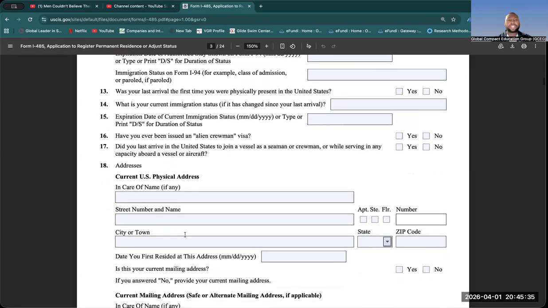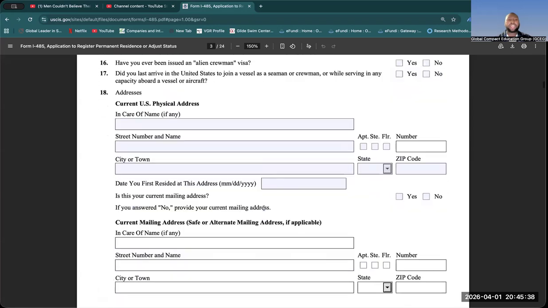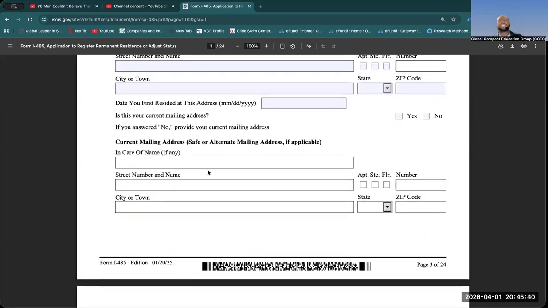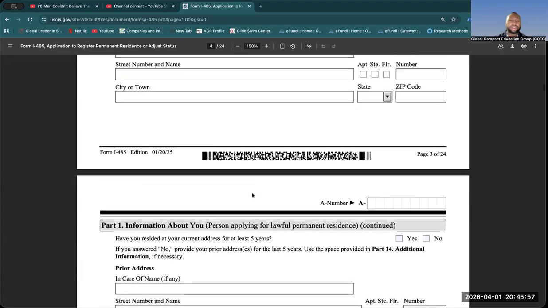Current US physical address, you put there. If the address is different from the mailing address, yes, then you can complete there. If you say no here, then you complete this information.